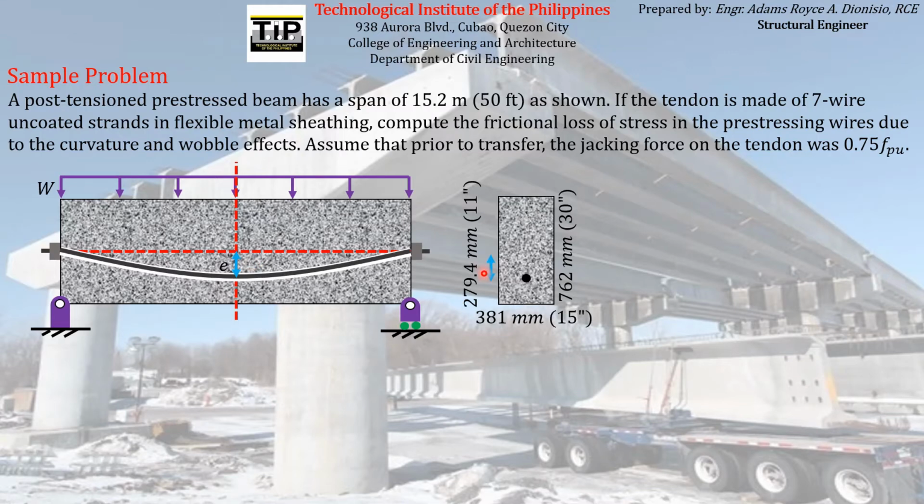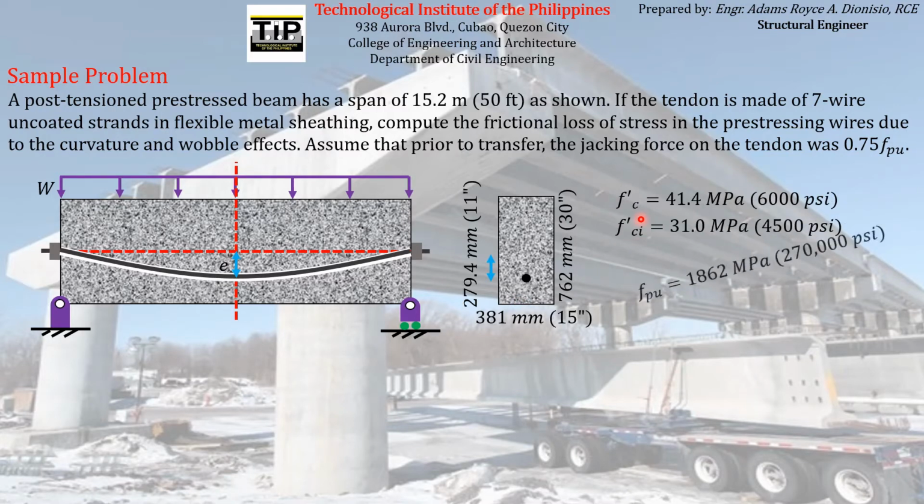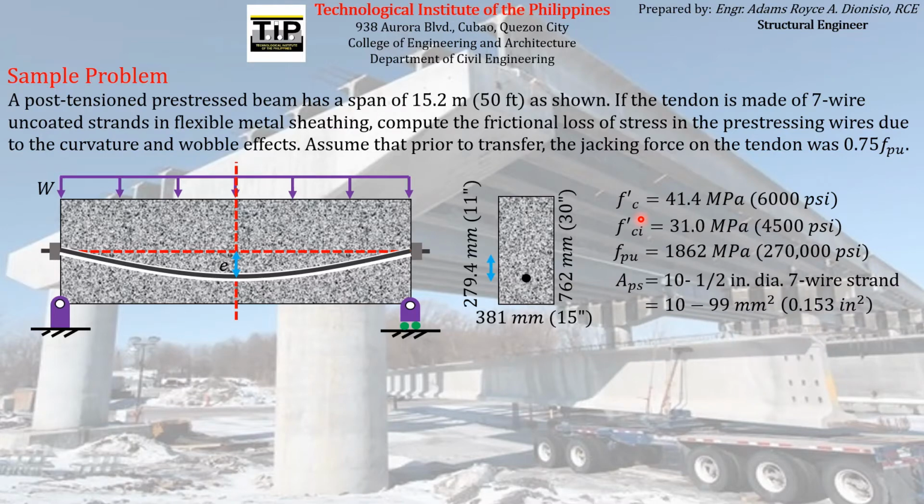A while ago, we still needed to compute for this because the given distance is the distance of the pre-stressing reinforcement to the bottom of the concrete. Other given are the FC prime, FCI prime, FPU, APS, and EPS. And actually, the radius of curvature is already given, 42.672 meters or 140 feet.